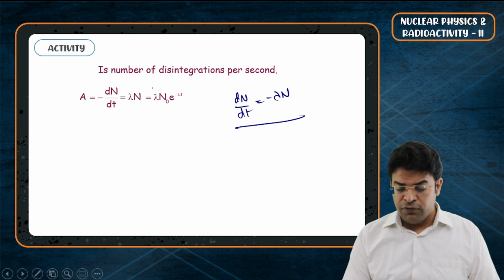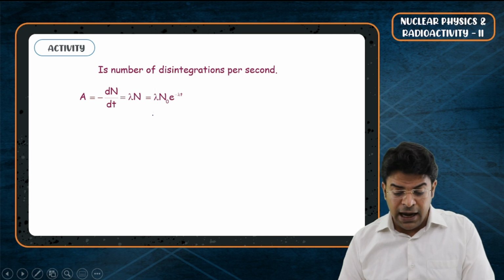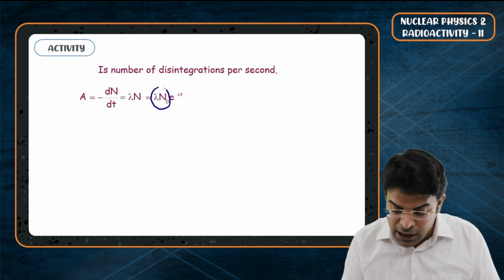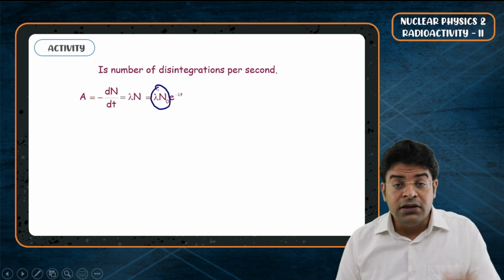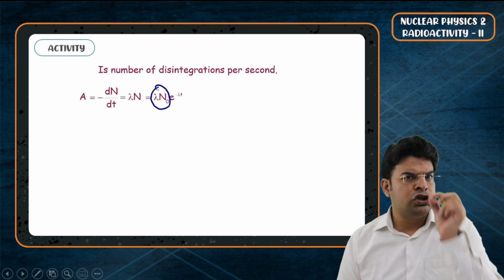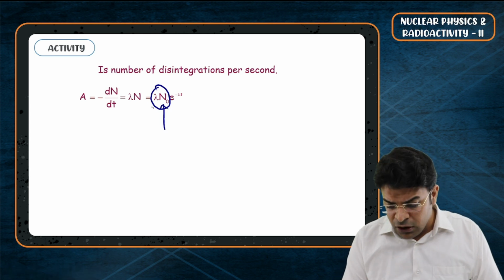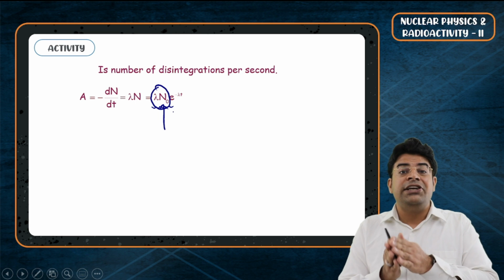So since the number of active nuclei at any time t is n naught e raised to power of minus lambda t, you can call this quantity lambda n naught the activity at time equals to 0. At time equals to 0, the number of active nuclei is n naught. So you can call this whole term lambda n naught the initial activity.